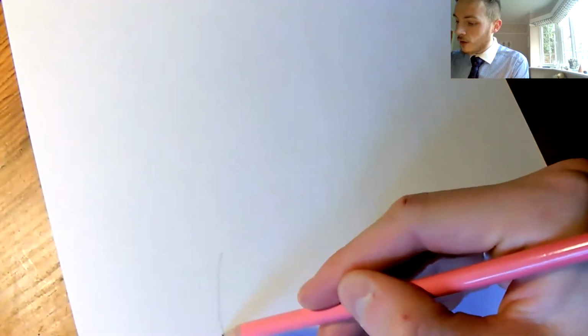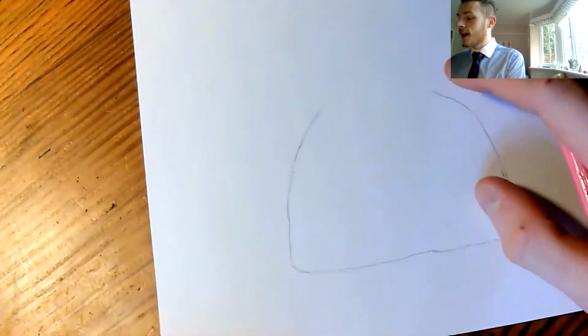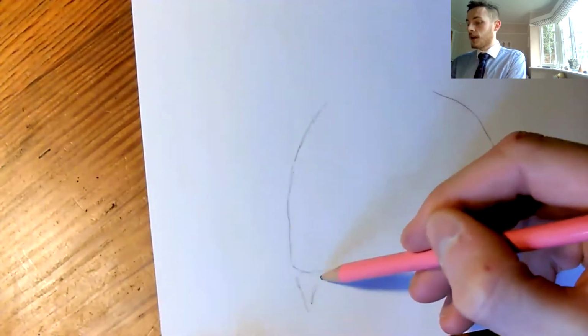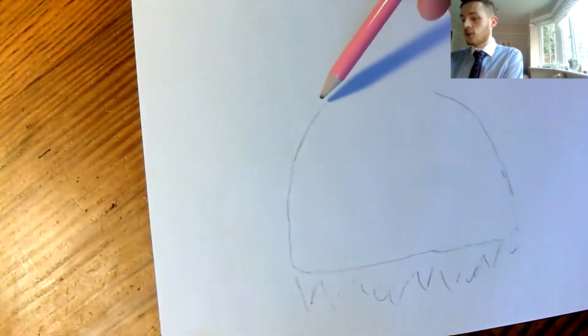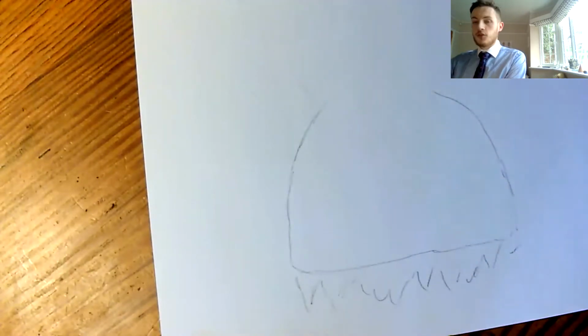I'm drawing my rocket based off what I chose for my poem. My poem was rocket, but if your poem's alien, are you going to draw a rocket? No, you're going to draw an alien. So I'm going to draw my rocket, and here it is. Here's its blastingness, and I'm going to draw all the way around to be a nice pointy rocket, and it will end up looking something a little bit like this.